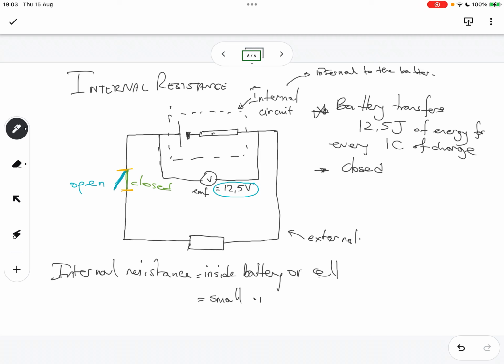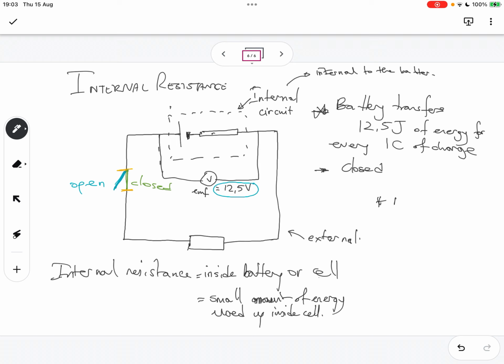So the internal resistance is a small amount of energy used up in the cell. All right.